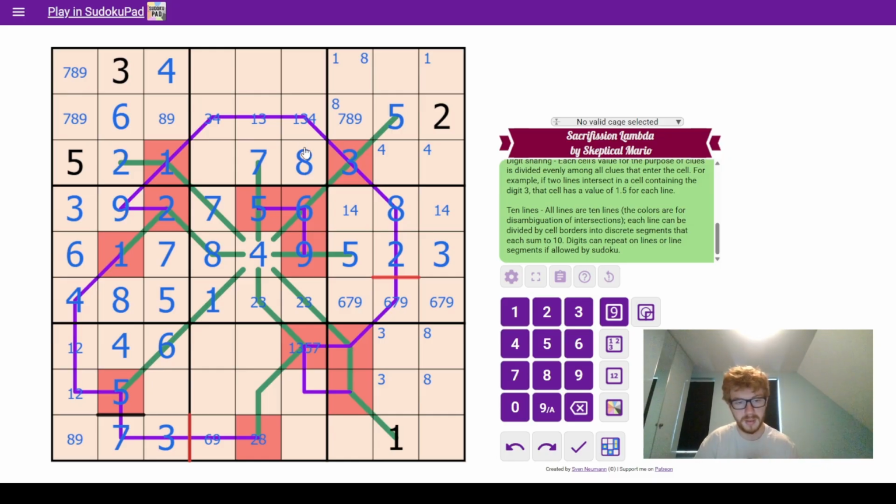Weird, okay. So it sums to 5, right? So it's either 2 with a 6 or 3 with a 4.